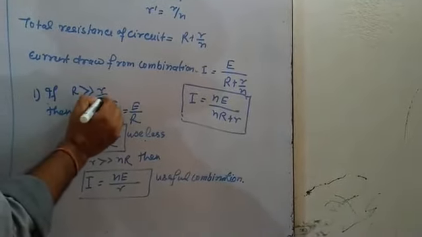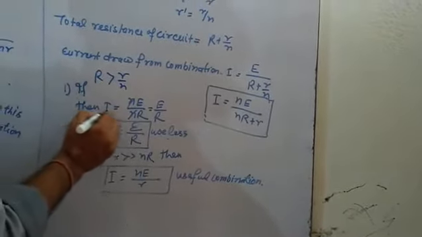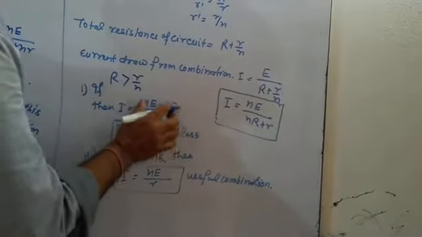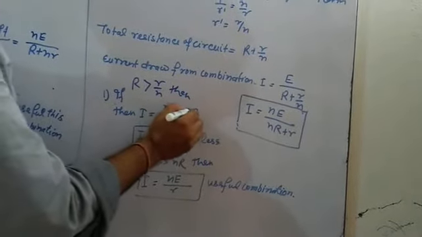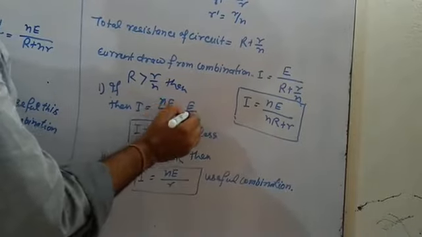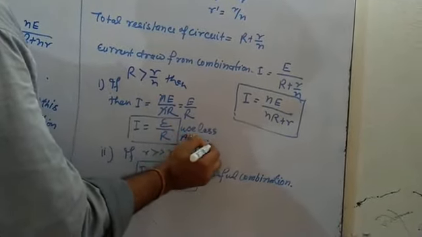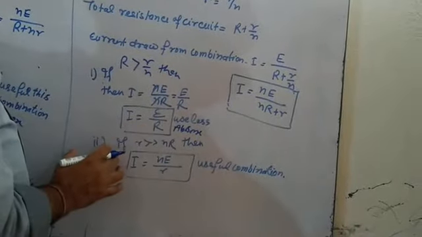If external resistance R is greater than r by n, then I equals nE upon nR, which is E by R approximately, the current drawn from a single cell, which is not very useful.